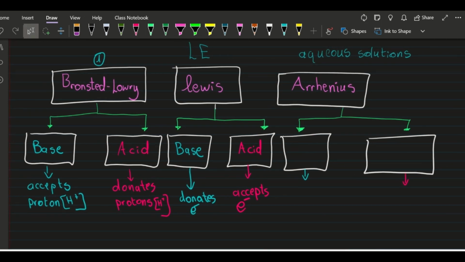Okay. The next one is the Arrhenius base, and that one focuses more on aqueous solutions and what it is going to be increasing. Okay, so for the base, it dissociates hydroxide or OH in water.